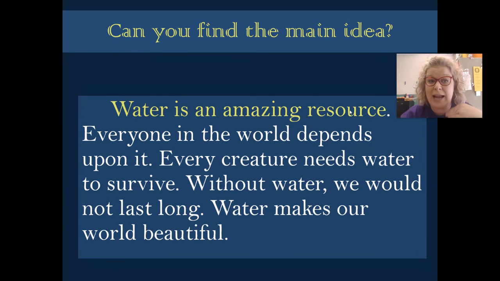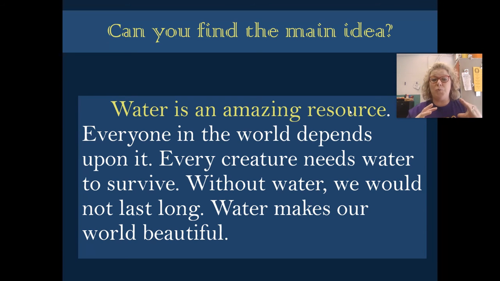We know that because this very first sentence, water is an amazing resource, that's the main idea. That's the most important idea of this whole passage. Everything else is just kind of interesting. It's nice to know that the world depends on it. It's nice to know that creatures need it to survive. It's nice to know that without it, you won't last long, and water makes our world beautiful.